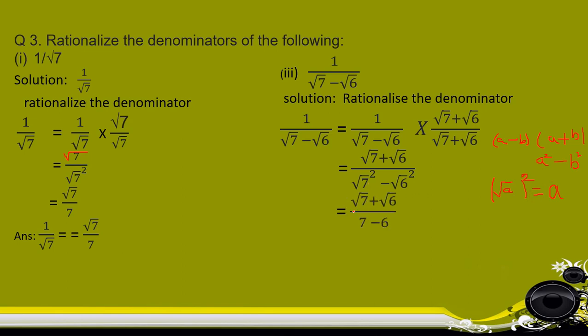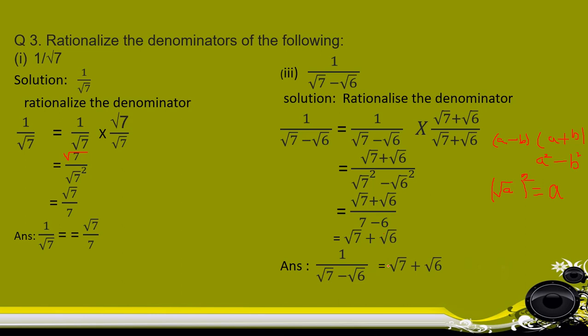So we get root 7 plus root 6 upon 7 minus 6, and in the denominator the subtraction of 7 and 6 becomes 1. So we get root 7 plus root 6. So now we can say that the rationalization of the denominator of 1 upon root 7 minus root 6 is root 7 plus root 6.